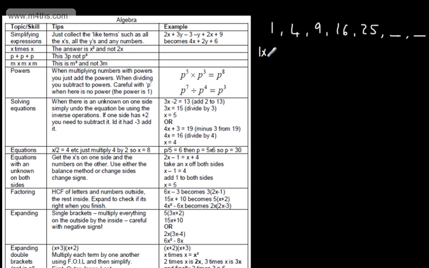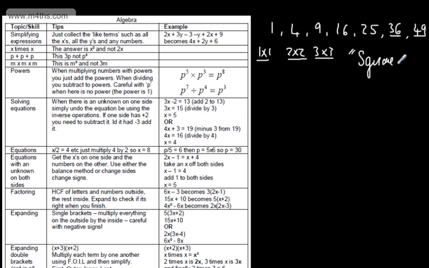This is 1 times 1, 2 times 2, 3 times 3, and so on. Therefore, this is 5 squared, we'd have 6 squared, which is 36, 7 squared, which is 49.